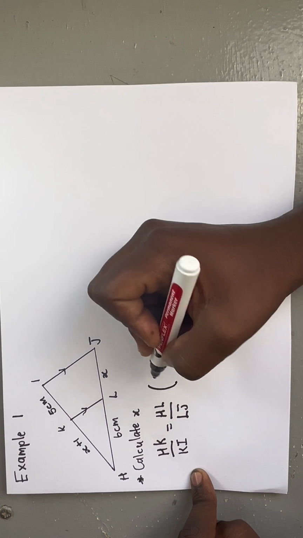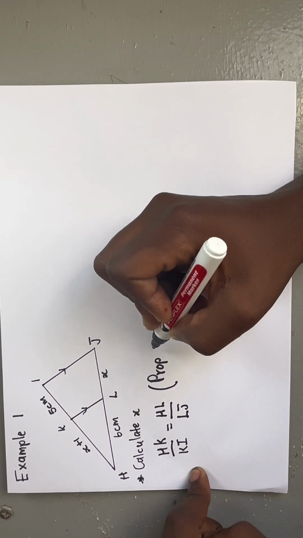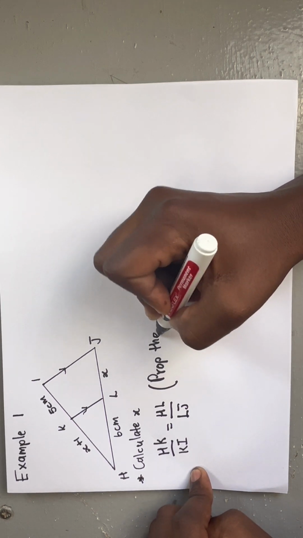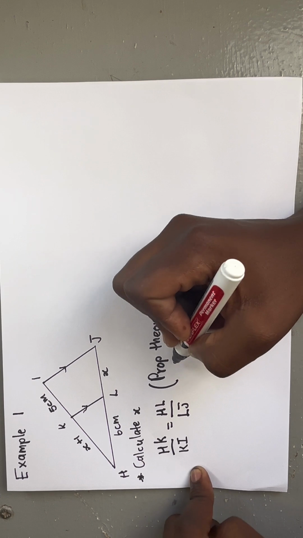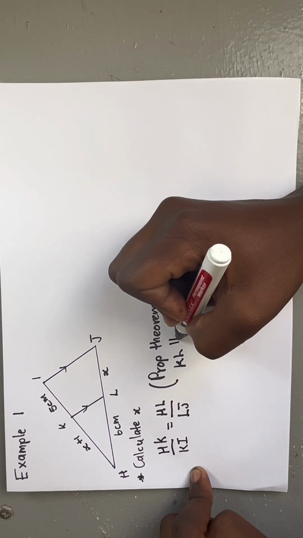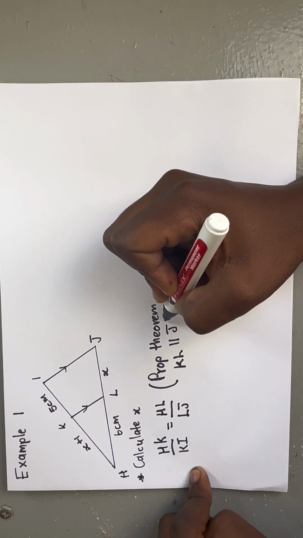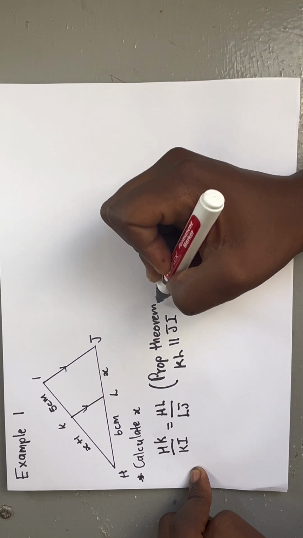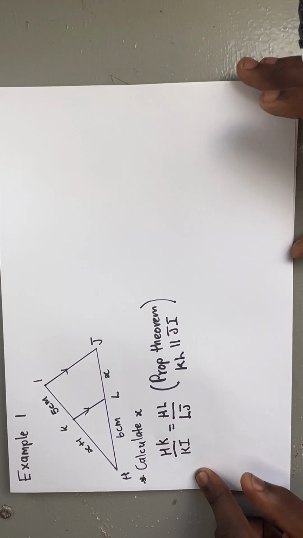And what is going to be your reason there? It's going to be proportionality theorem. And why is it proportionality theorem? Because you are given there that your KL is parallel to your JI, or your IJ, either or, right?